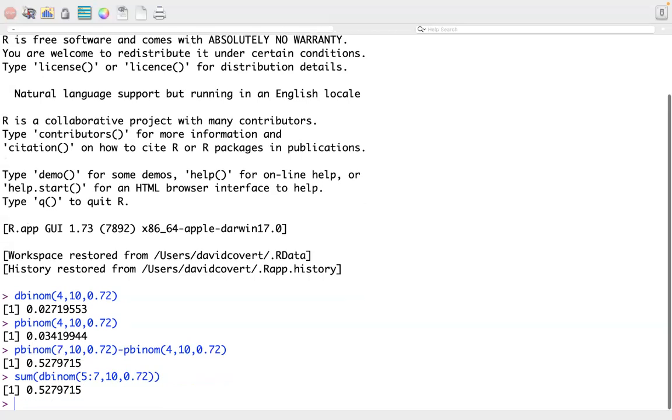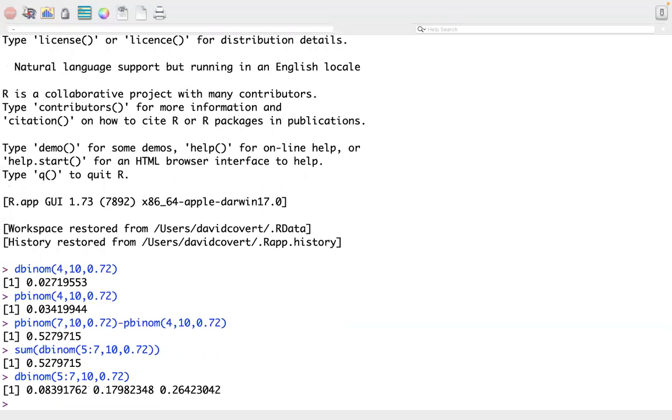So this D binomial, when you give it a range, is going to spit out a few values. In fact, if you wanted to figure out the numbers in the entire distribution, when the probability P is 0.72, you could just type D binom 0 to 10. You have 10 trials, and then our probability P is 0.72.